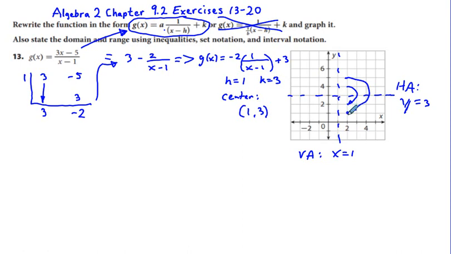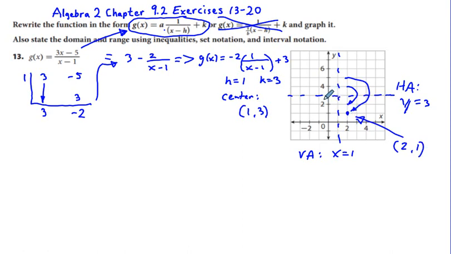But in either case, it's going to give us a point, which looks like 2, 1. That's going to be one of the points.